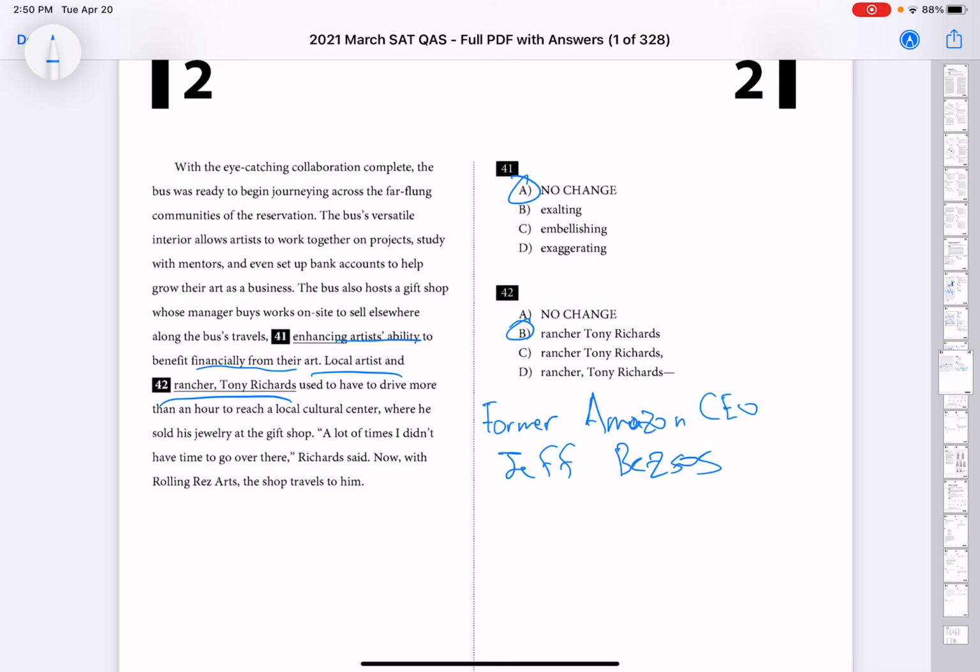Okay, so if you notice, when I wrote former Amazon CEO Jeff Bezos, I do not include any punctuation like commas or anything before the person's name. It should just be completely one thing together. And this happens all the time in the test. You have local artist and rancher. That is the vocation. That is the job that Tony Richards has. That's how he identifies. So therefore, the answer here should be B.